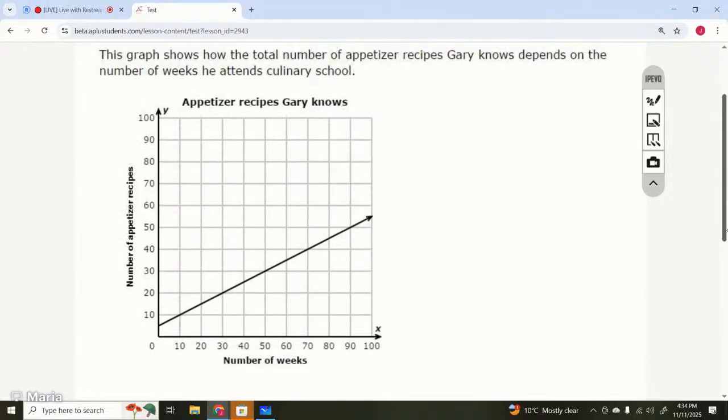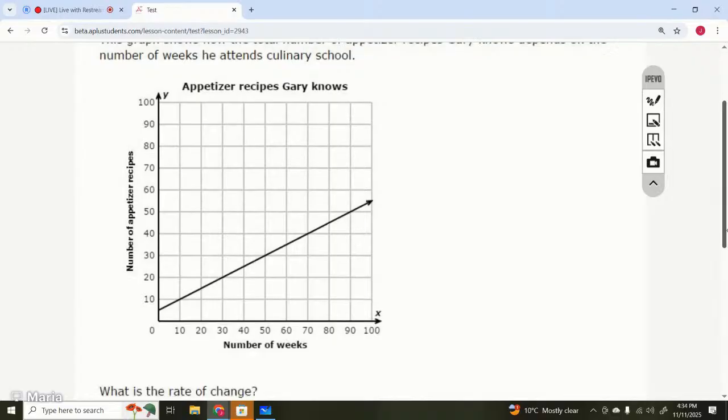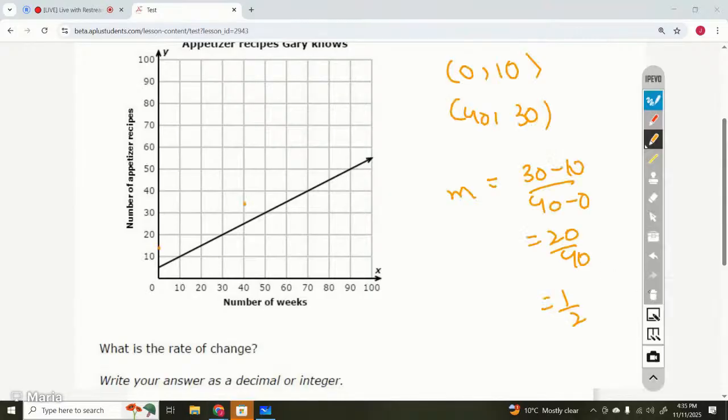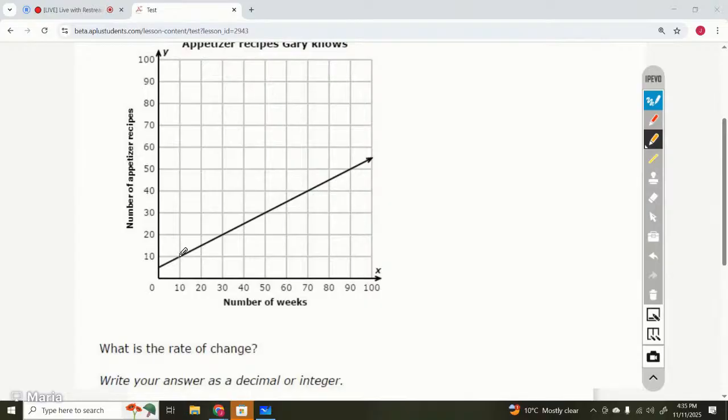This graph shows how the total number of appetizer recipes Gray knows depends on the number of weeks he attends culinary school. What is the rate of change? That is 10, 10. Then 50, 30. X is 50, Y is 30.